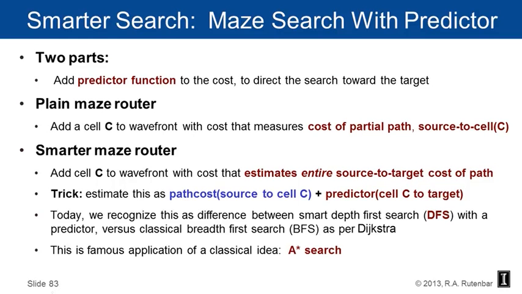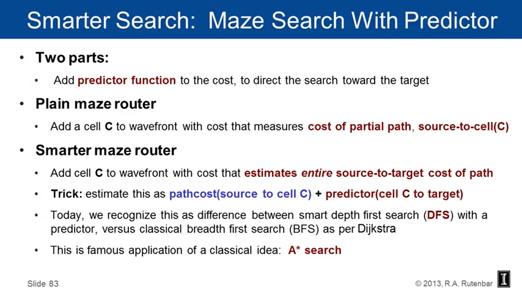And it turns out the answer is yes. So there's two parts to the idea. We're going to add a predictor function to the cost to direct the search to the target. So instead of just having the basic path cost, the additional second part is the predictor. So in a plain maze router, you add a cell C to a wavefront with a cost that measures what?